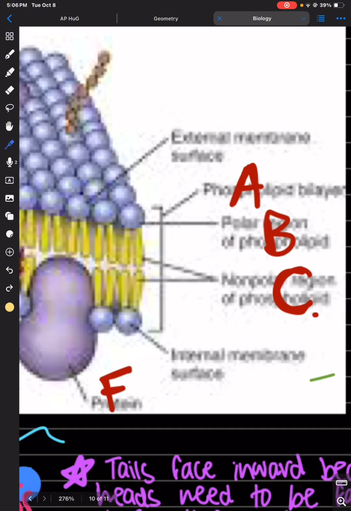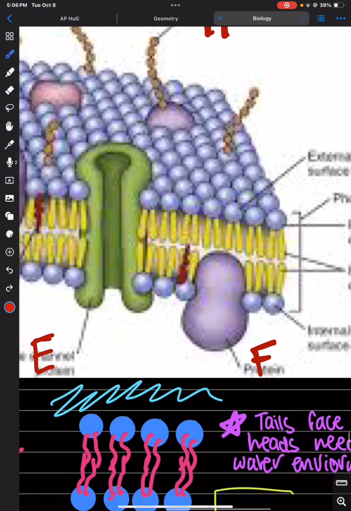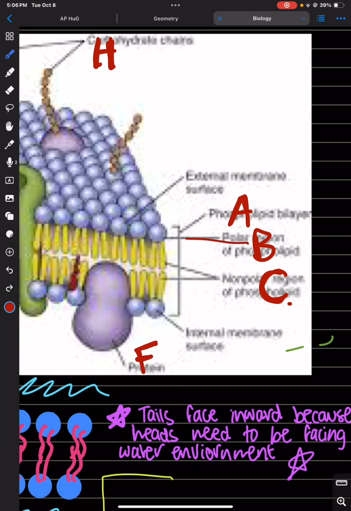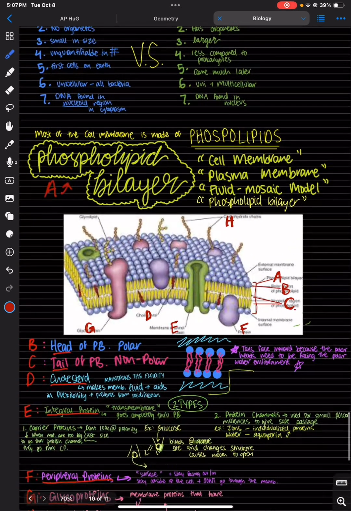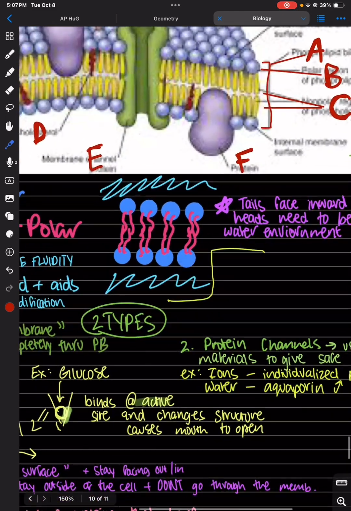And if you zoom in, B and C pertain to the head, and then the tails. B right here is the head of the phospholipid, okay?